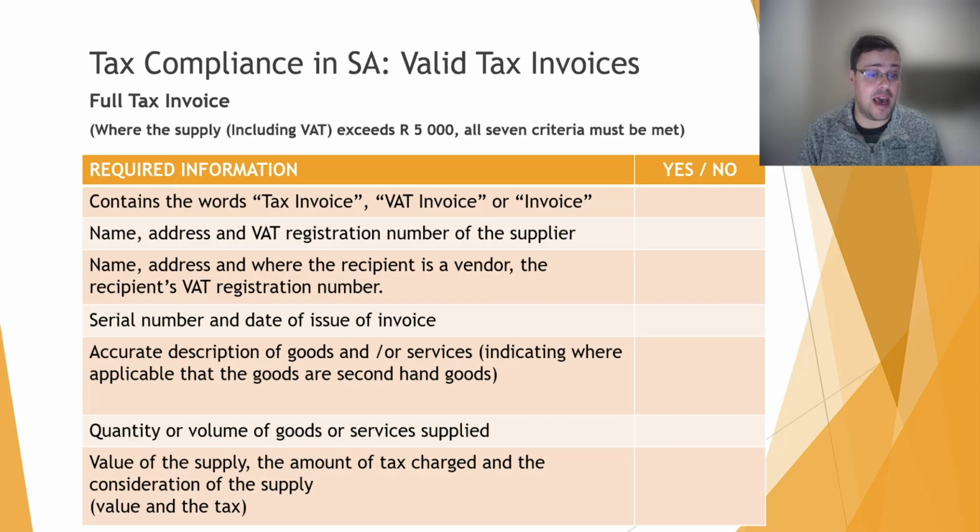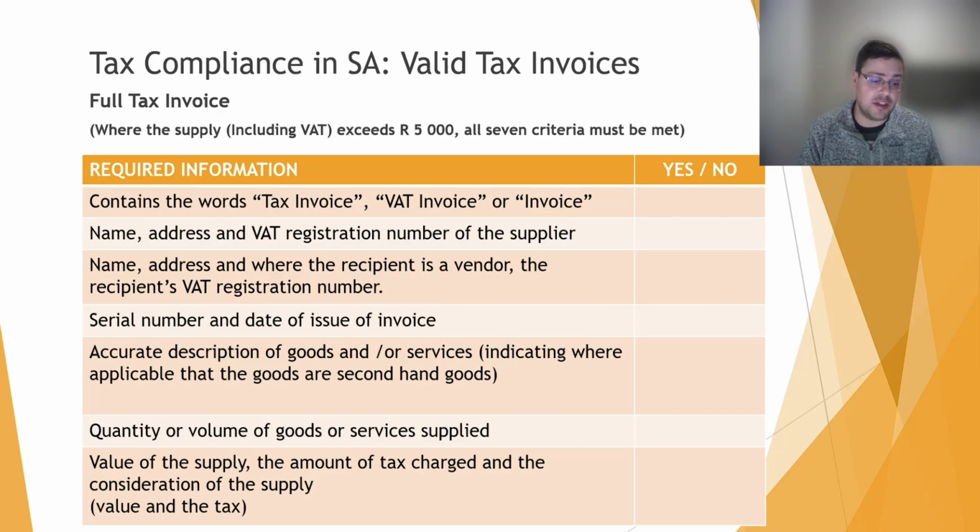So is the name, address, and VAT registration number of the supplier on? Yes or no. Is the name, address, and where the recipient is a vendor, VAT number displayed? Yes or no. Is the serial number and the date of issuance shown? Yes or no. Is there an accurate description of the goods and the services, indicating where applicable that goods are second-hand goods?